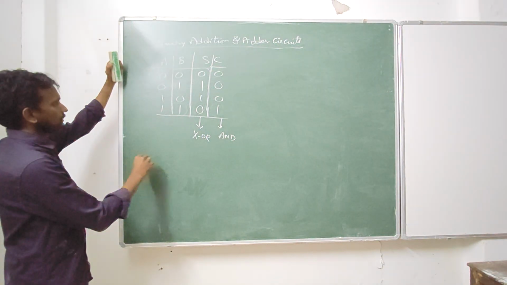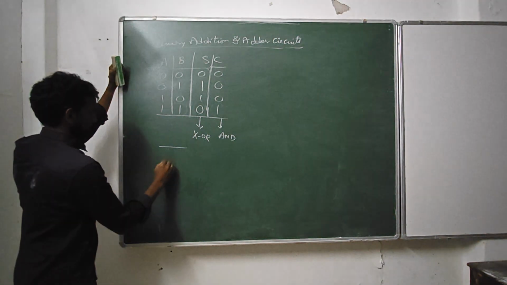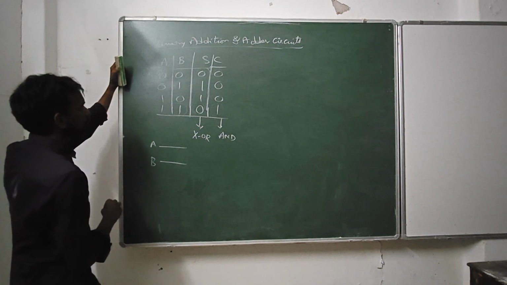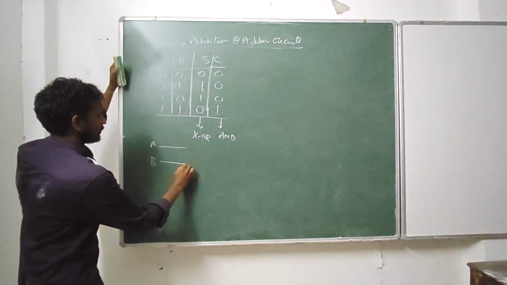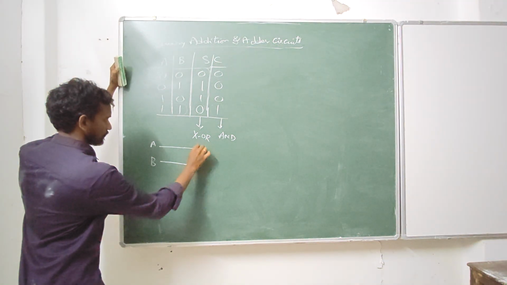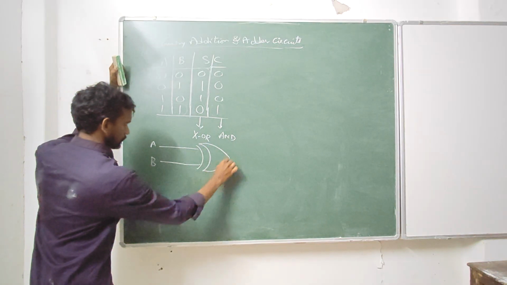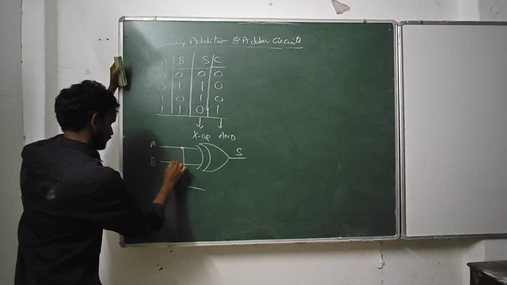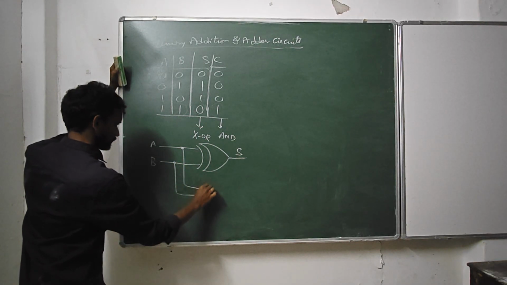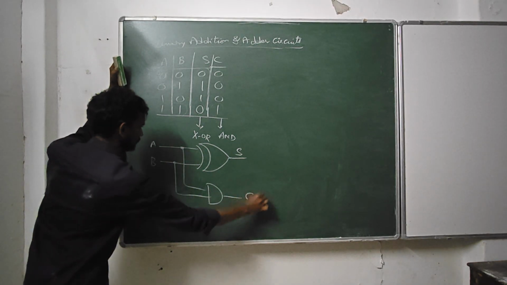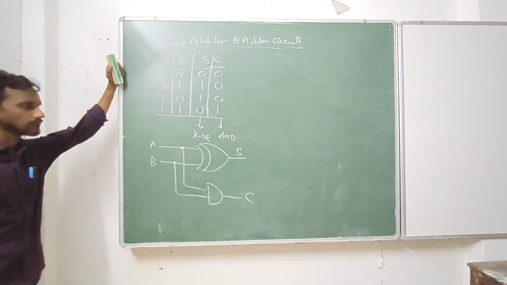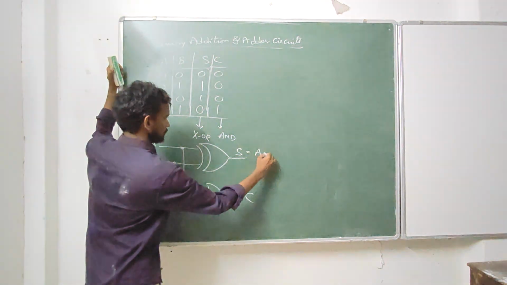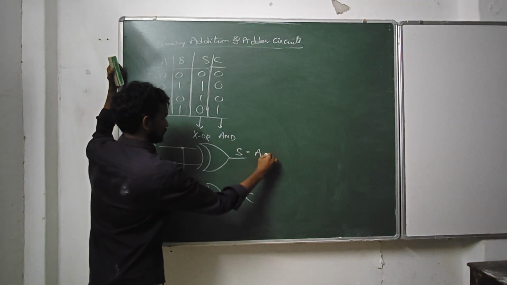So the result is, let's say you have A and B as inputs. Then this is the sum. This is the carry. The result is XOR.